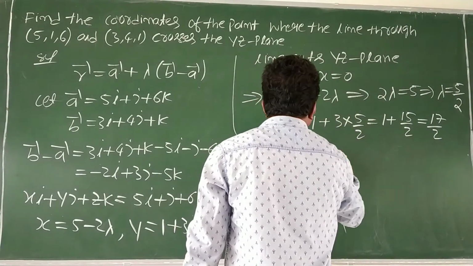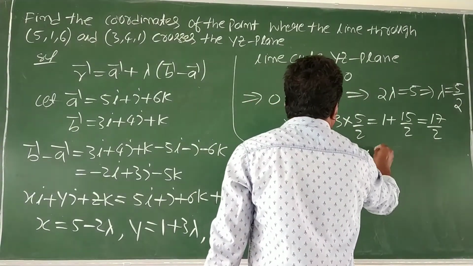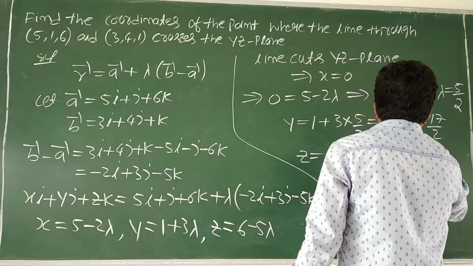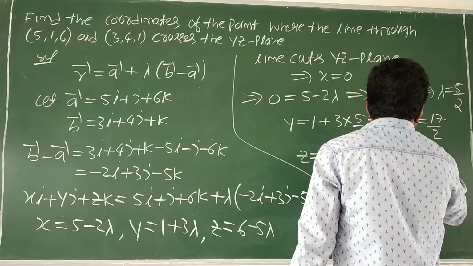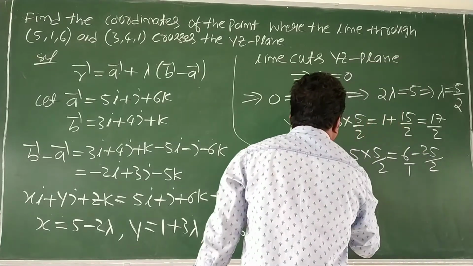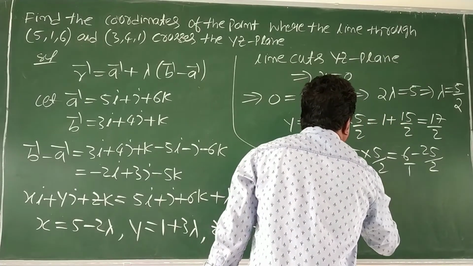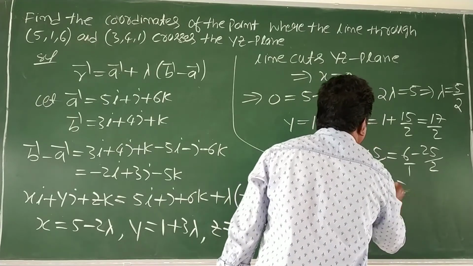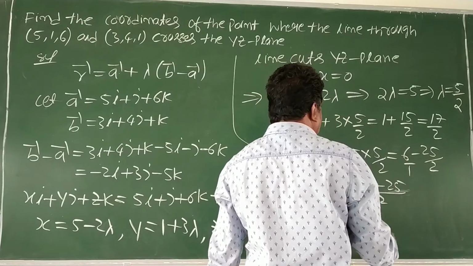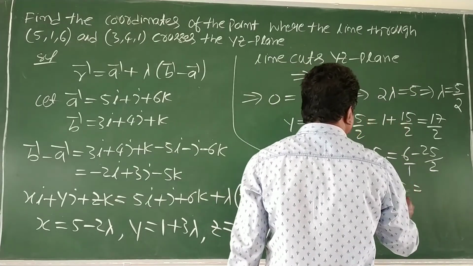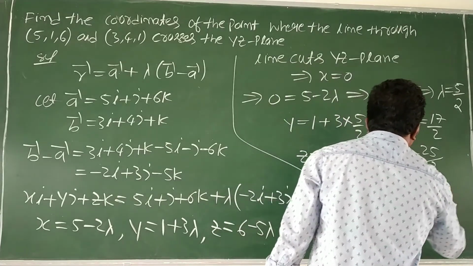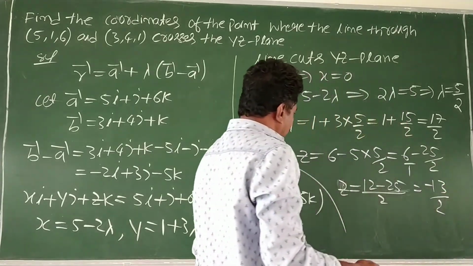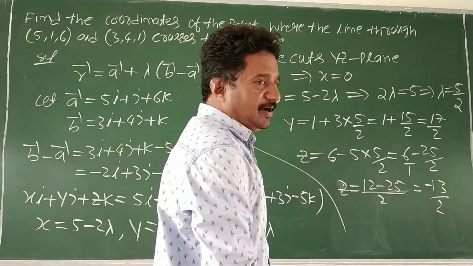Z is 6 minus 5 into lambda, lambda is 5 by 2. 6 minus 25 by 2. 6 2s are 12. 12 minus 25 by 2. 12 minus 25: 5 minus 2, 3; 2 minus 1, 1; minus 13 by 2. Correct, minus 13 by 2.